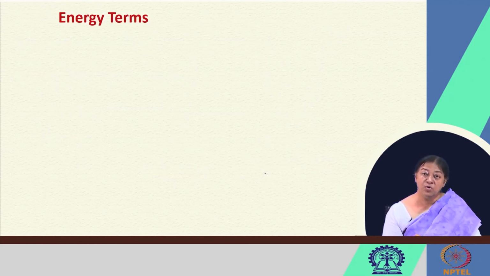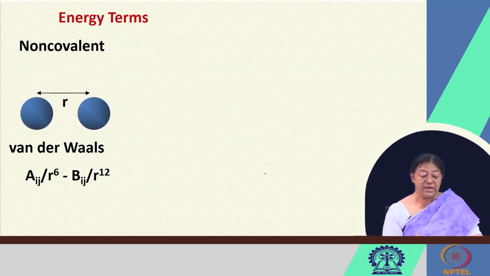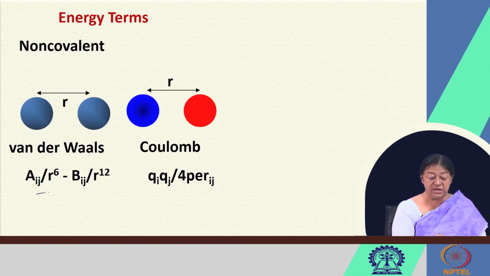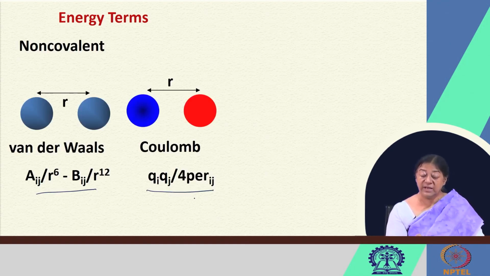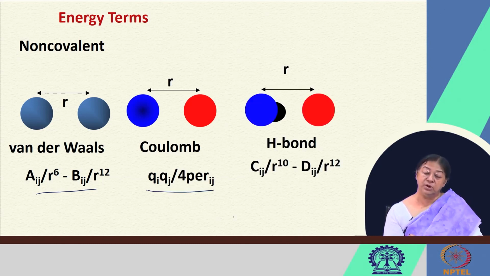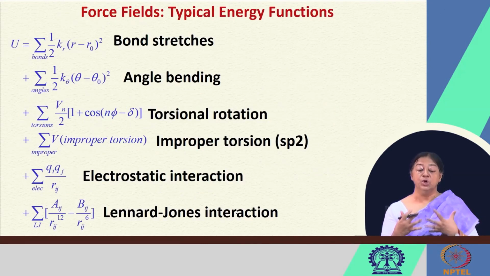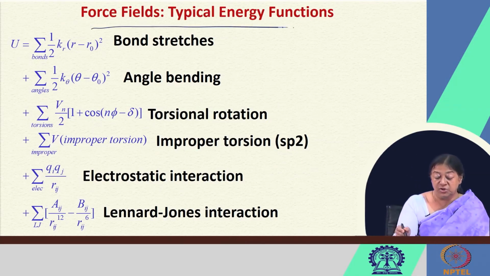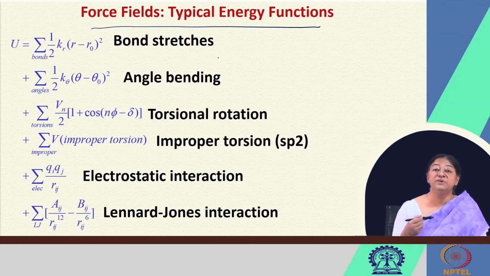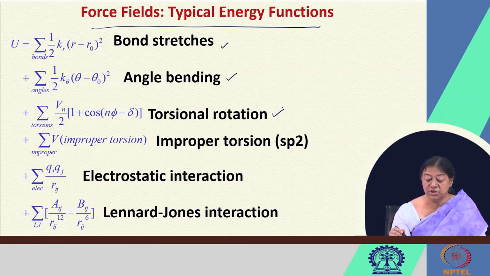If we look for the non-covalent types, what do we have? We have the van der Waals type that follows a Lennard-Jones potential. We have the Coulomb type, and then we have the hydrogen bond type. All of these are going to contribute to the overall energy function. What is this? We have an overall energy function that is given by a specific force field. So, this force field tells us that we can have bond stretching, angle bending, torsional rotation, improper torsion, electrostatic interactions and Lennard-Jones interactions.